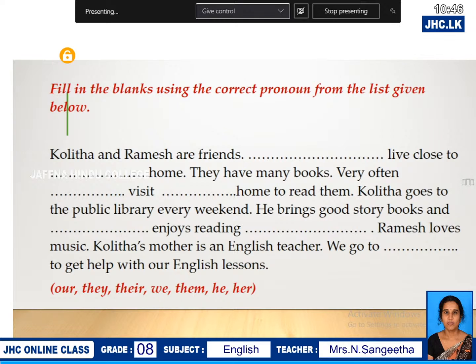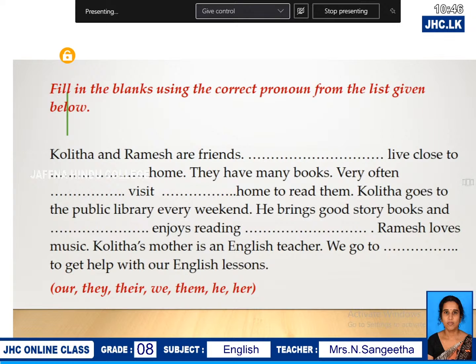Khalida and Ramesh are friends. Dash live close to dash home. They have many books. Very often dash visit dash home to read them. Khalida goes to the public library every weekend.